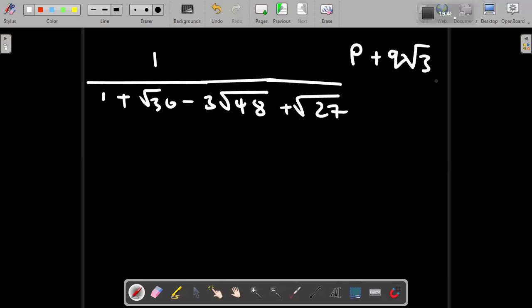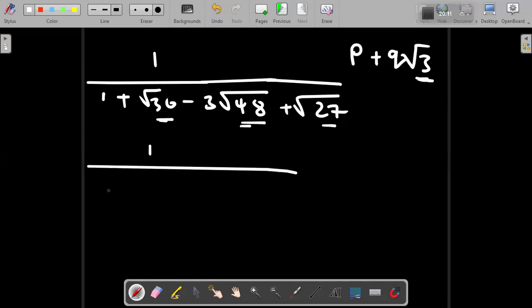So now, where there'll be my roots, I must get root of 3 there in the simplest form. So how do I do this? I can see that 36 is a perfect square, so here I'll just get 6. One of the factors will be 3 and the other one will be a perfect square. Then also the same with 27.